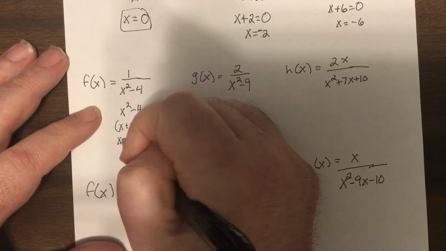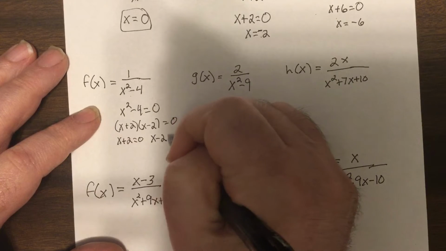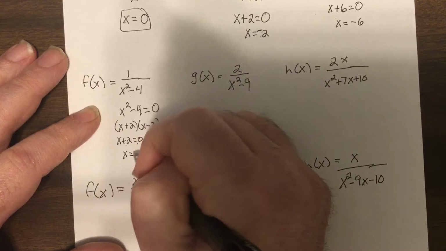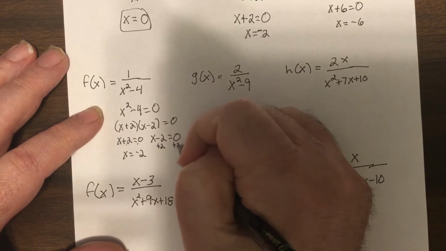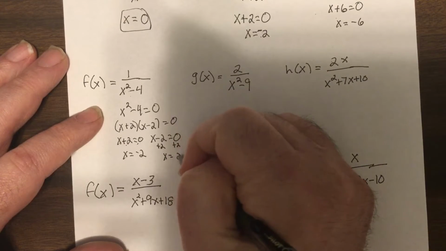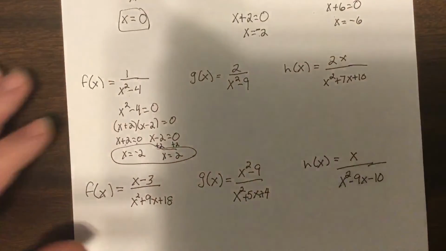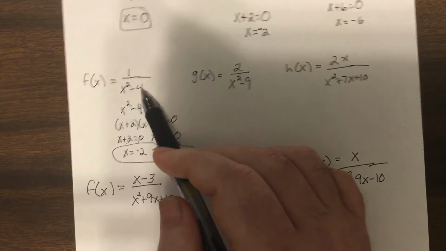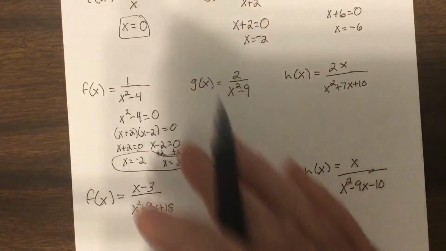So x plus 2 equals 0. X minus 2 equals 0. Subtract 2, x equals negative 2. Add 2, x equals 2. So you actually have two different numbers that would cause this fraction to be undefined. Because 2 squared is 4, 4 minus 4 is 0. Bam! Undefined.